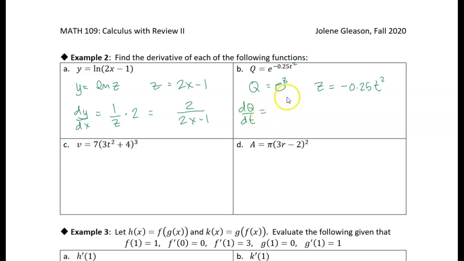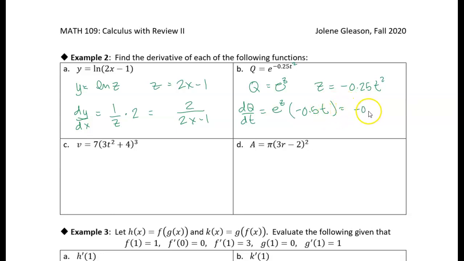If we take the derivative of e to the z, we get e to the z. And then we want to take the derivative of the inside function. That's going to give us 2 times the negative 0.25, so that's minus 0.5 t. I can just leave it like that, or I could rewrite it.